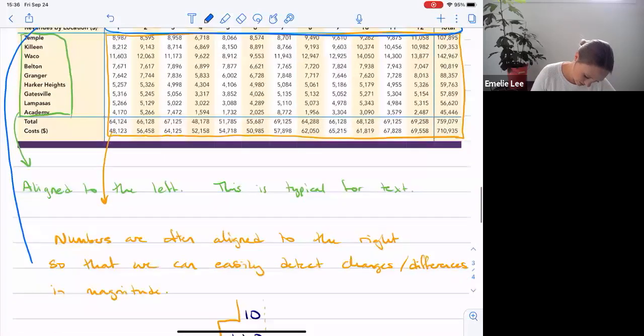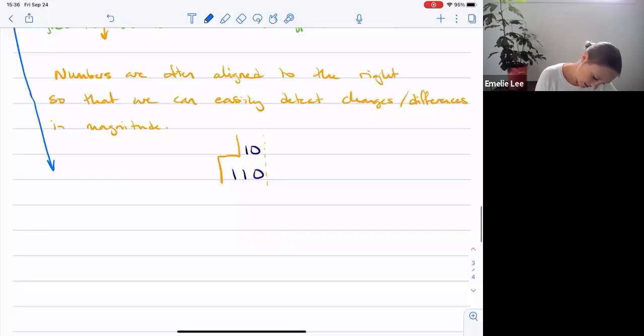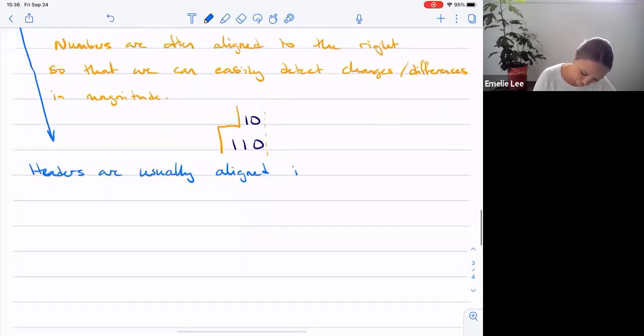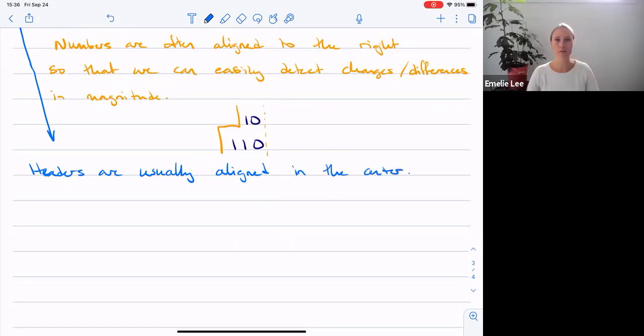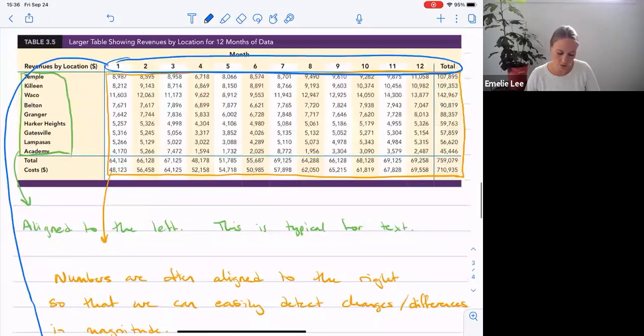Headers are usually aligned in the center. You'll play around with that and see what you like best.